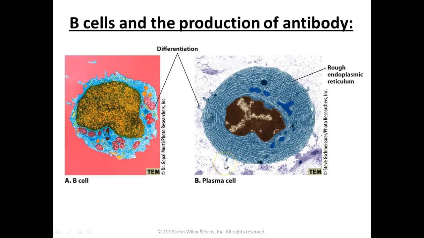So why do we call them plasma cells? Part of the reason is that in the process of differentiation, they produce a huge amount of rough endoplasmic reticulum. You guys remember why it's called rough? What is it covered in? Ribosomes. What do ribosomes make? Proteins. What are antibodies? Proteins, right? So in order to produce that 2,000 plus per second, they need a lot of ribosomes to do it.